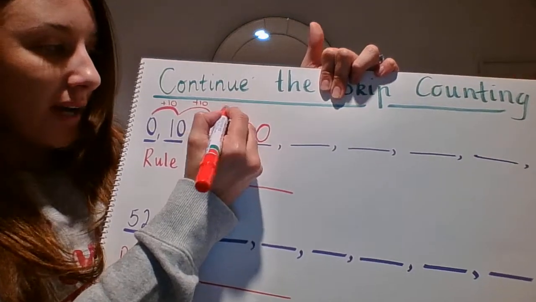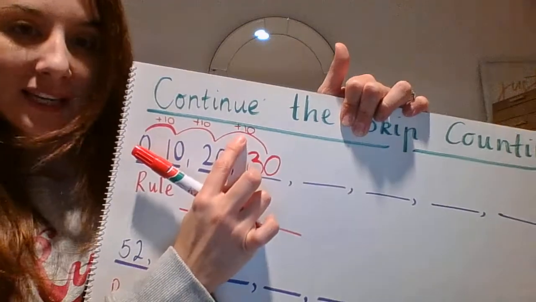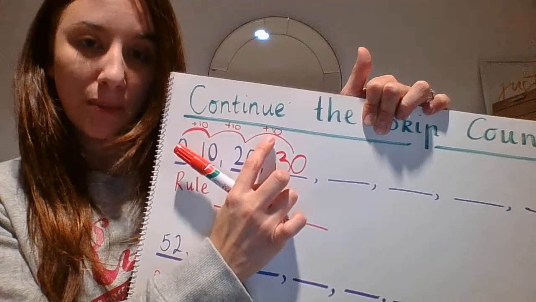Now, each time we make a jump, we need to write how many is being added up the top here.